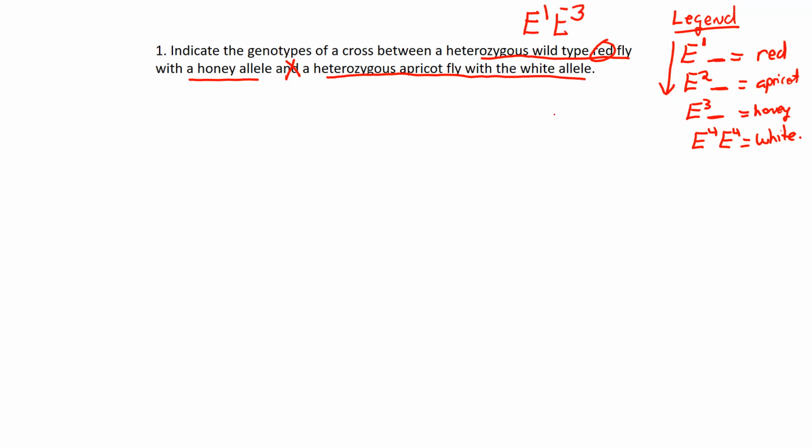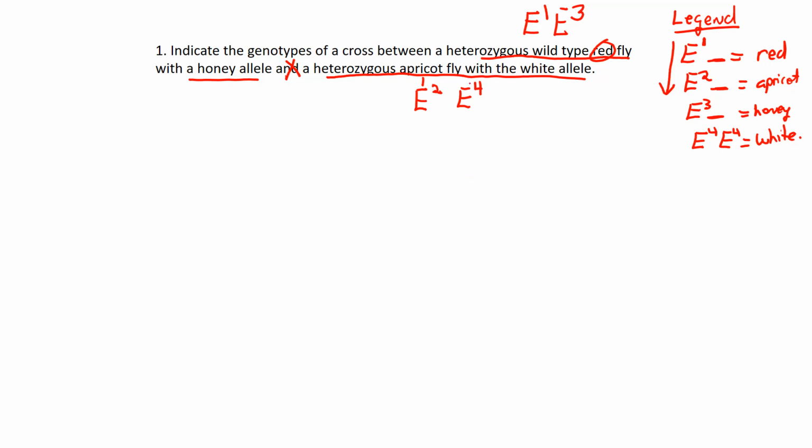That's the genotype of that parent. Now we're going to take a look at the heterozygous apricot. If it's apricot, it must have at least an E2, and it's telling you this one has a heterozygous other allele being white. So that is E4. Again, genotypes are still in pairs. It's just that we have multiple alleles expressing eye color in fruit flies.